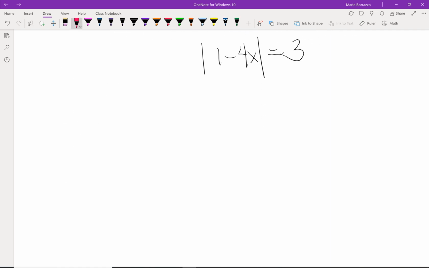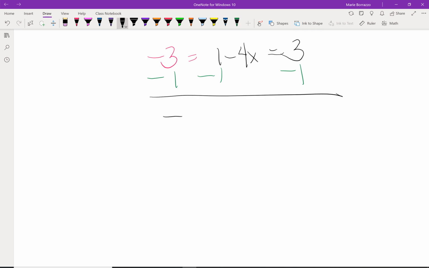What we're going to do is complement this with its opposite sign. So the positive 3 is now a negative 3 on the opposite side. So we can now ignore those absolute value pieces, and we can subtract that 1 on all 3 sides.